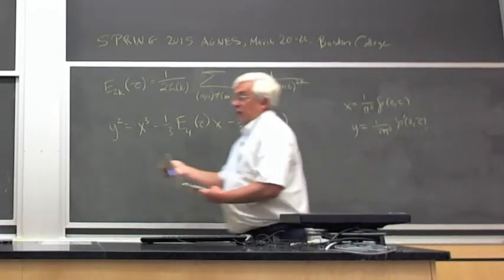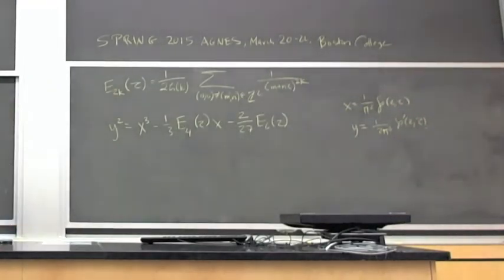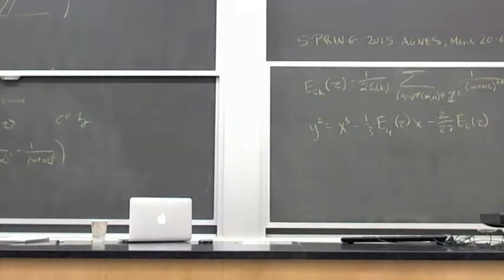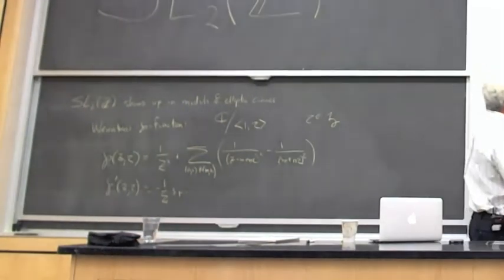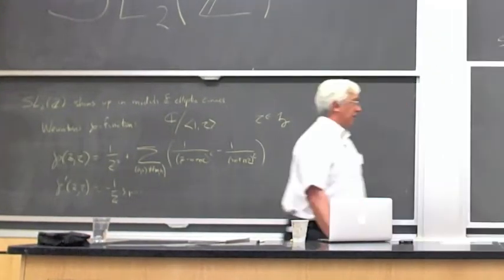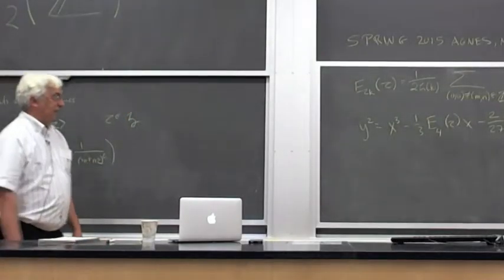Okay, so the moral of the story is that if you're given an elliptic curve from a complex analytic perspective, you end up getting an embedding of it, projectivized, into complex projective space.